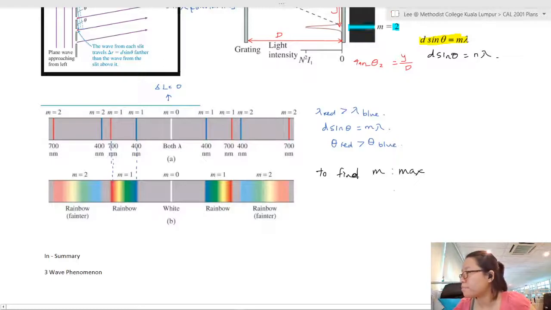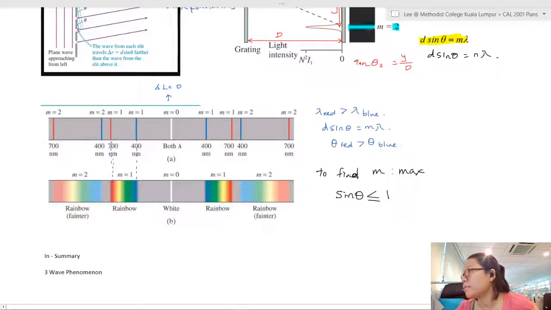Same difference. So to find the maximum order, what we need to do is come up with the idea that sine theta must be less than 1, at most equal to 1.